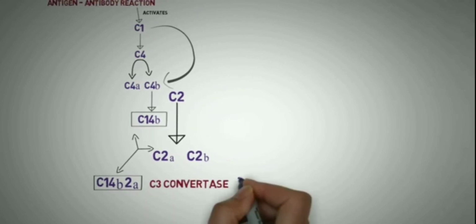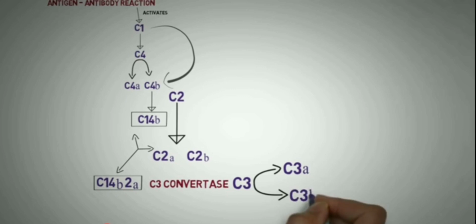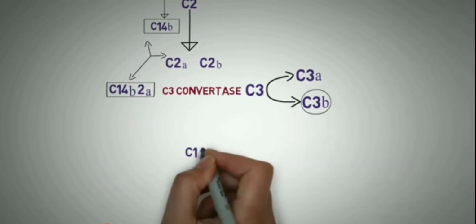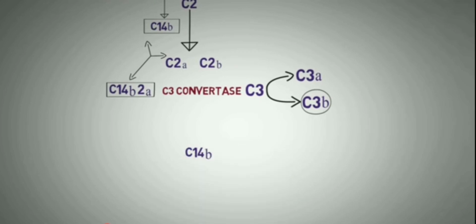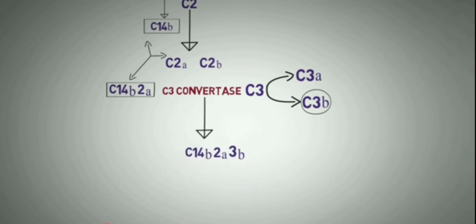The C3 convertase then splits C3 into C3a and C3b. The C3b combines with the C3 convertase and forms C1 4b, 2a, 3b. This is also an enzyme known as the C5 convertase.